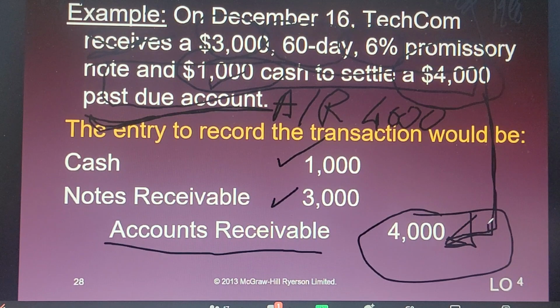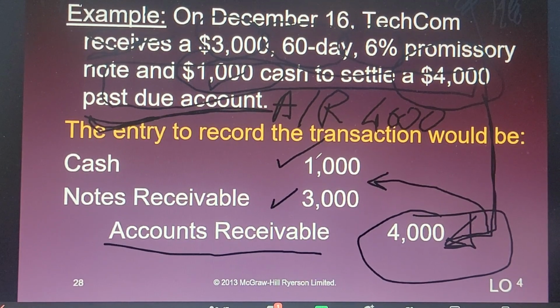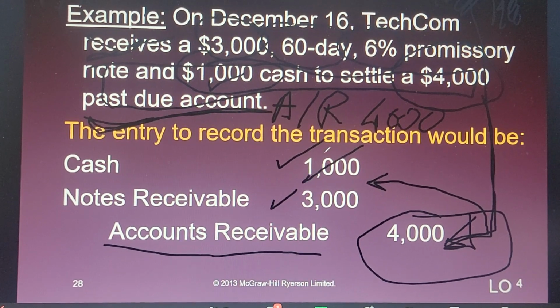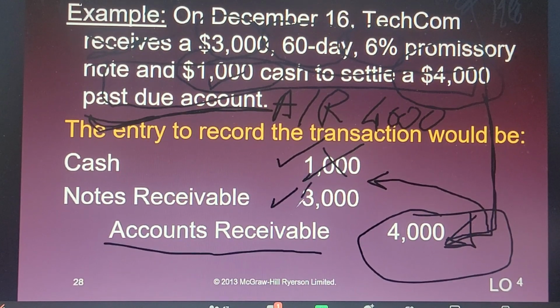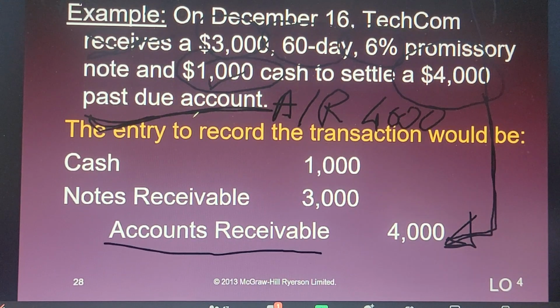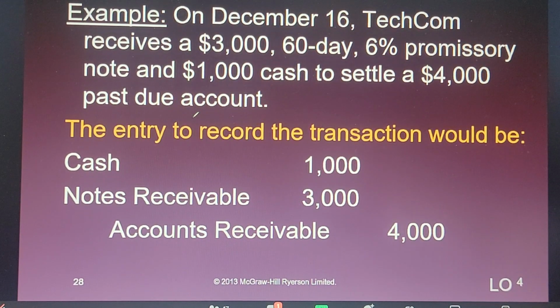I'm converting this accounts receivable into, they can just say, okay, we don't even have 1,000, we'll just give you a note receivable for 4,000. Same thing. I'm converting the accounts receivable into notes receivable. This happened when I got this settlement of this account.